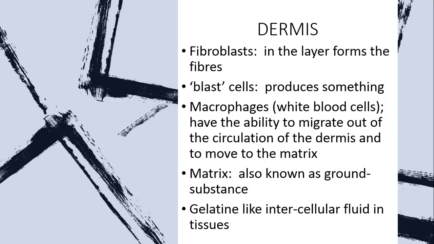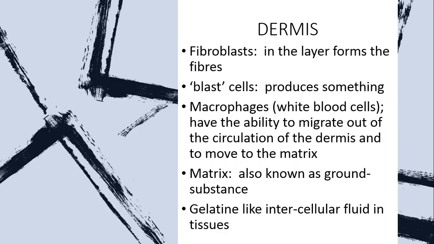So in the dermis, you will find the fibroblasts, the cells in the layer that forms the fibers. A fibroblast is a cell that produces collagen. Any cell that ends on blast, like fibroblast, produces something.